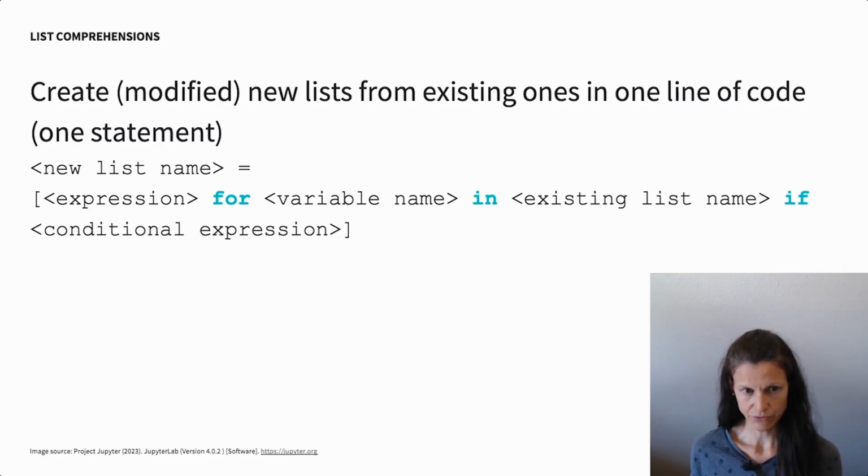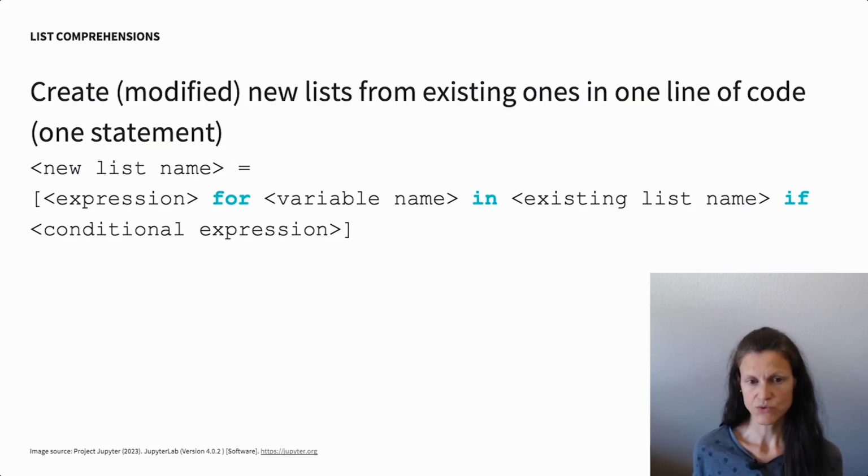And if you for a second forget about the content in here, basically what we are doing is we are having here a list name, so a variable name for a list. And then with these square brackets, we are creating a list. And how this list is created from an existing list, this is defined here via this syntax.